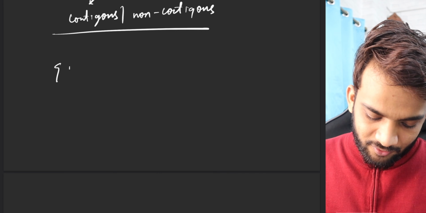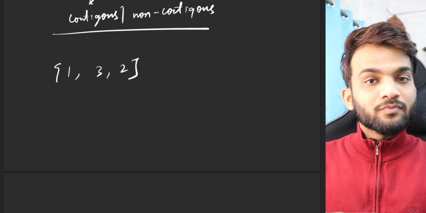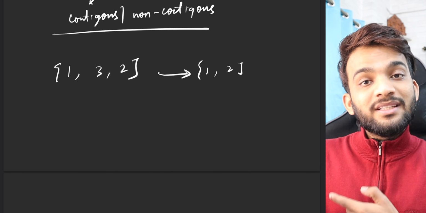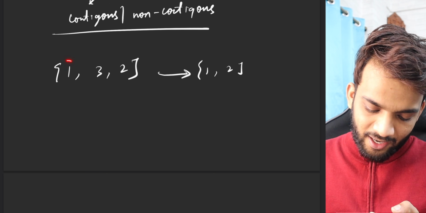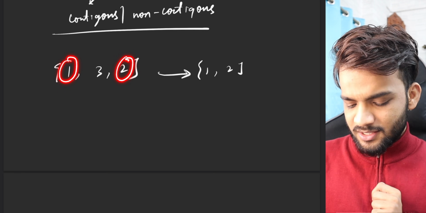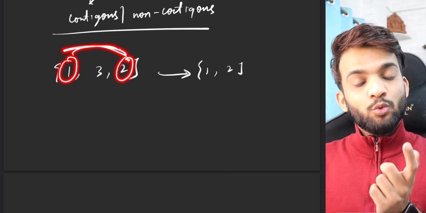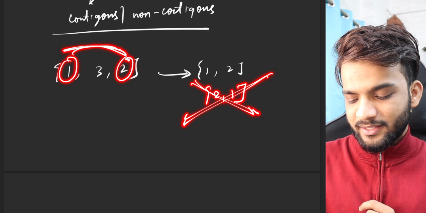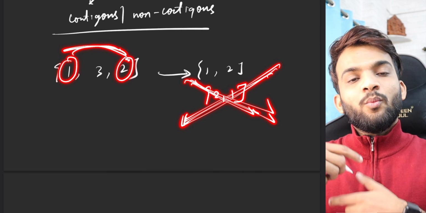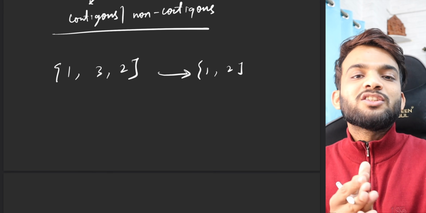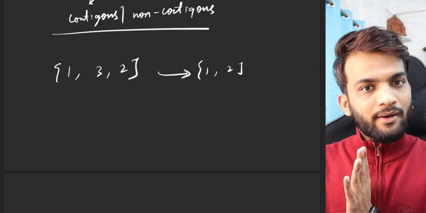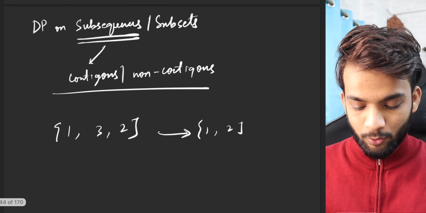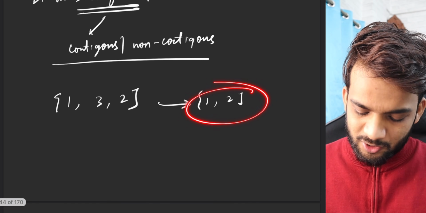For an example, if I give you an array like 1, 3, 2, then I can say 1, 2 is a subsequence because 1, 2 is non-contiguous and it's following the order of 1, 2. 2, 1 cannot be a subset or subsequence. We need to understand this. Whenever I say subsequence, it has to follow the order. A subset might or might not follow, but a subsequence has to follow. So this is a subsequence.